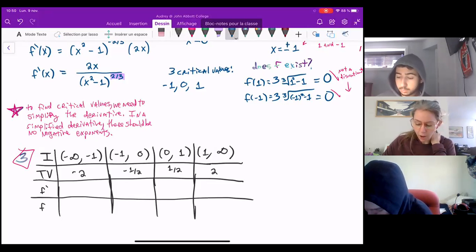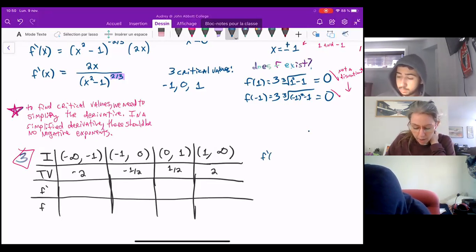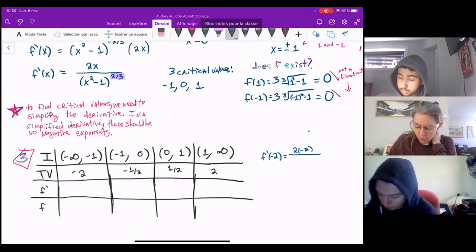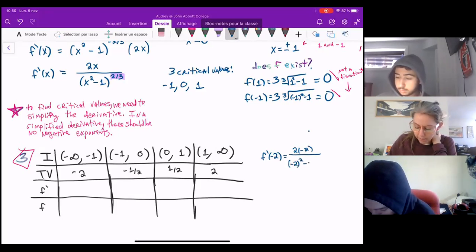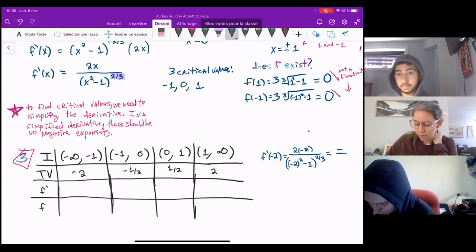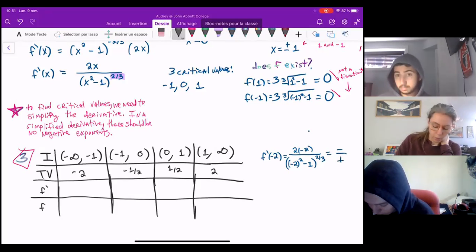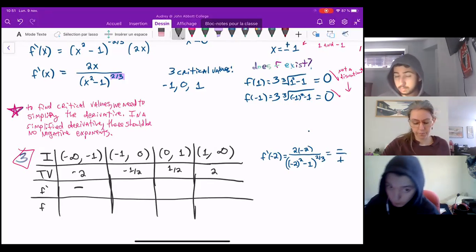And to figure that out, we plug these values into the derivative. So I'm saying f prime of negative 2 is 2 times negative 2 over negative 2 squared minus 1 to the 2 over 3, which gives me negative over positive, which is negative.